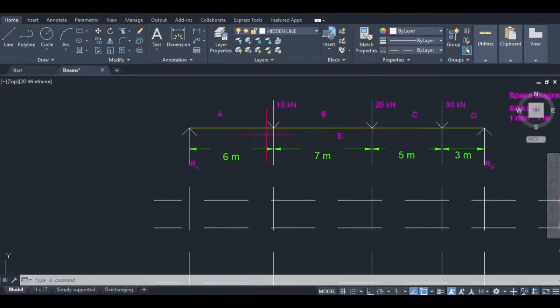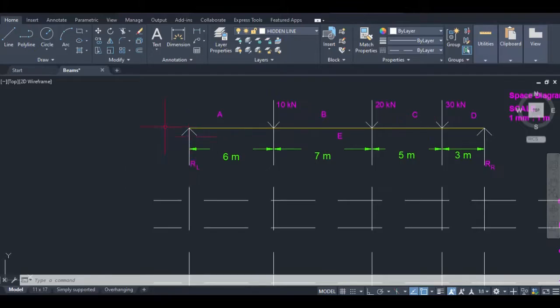So let's go back to our space diagram for a bit. Remember I said the spaces can be labeled using Bow's notation in a clockwise direction, and the loads can be labeled using that concept as well. So remember this one was AB because it's between A and B, this one is BC, and so on and so forth. Now let's look at reaction RR.